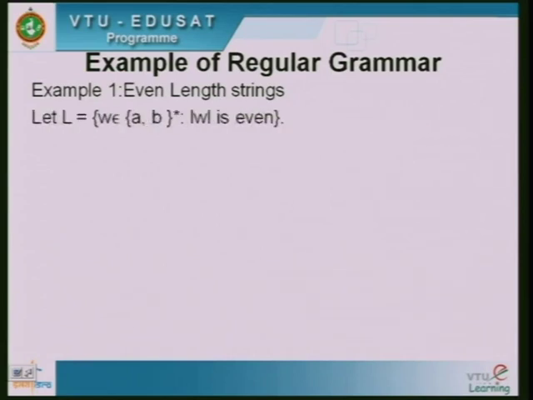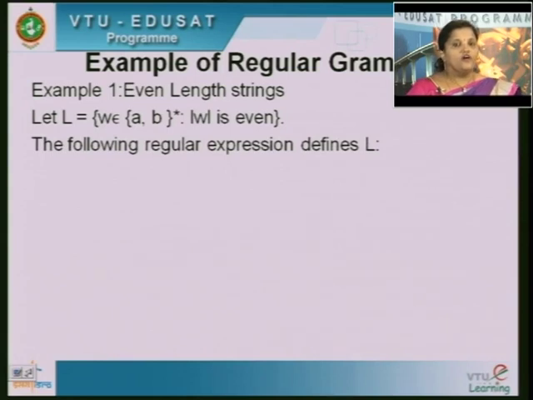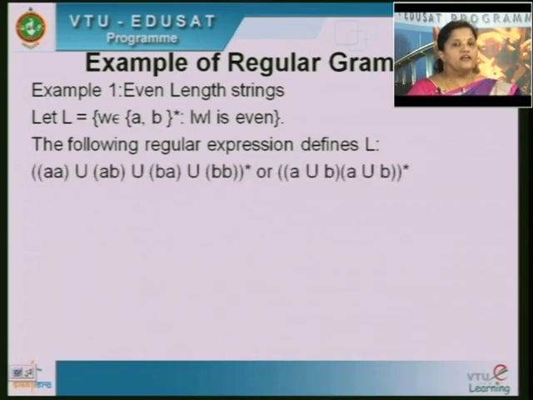Let us consider the example of even length strings. Let L = {w belongs to {a,b}* such that |w|, the length of the string w, is even}, and we know how to write the regular expression. What will be the regular expression? It is (a ∪ b)(a ∪ b) whole star, or it can also be written as (aa ∪ ab ∪ ba ∪ bb) whole star.